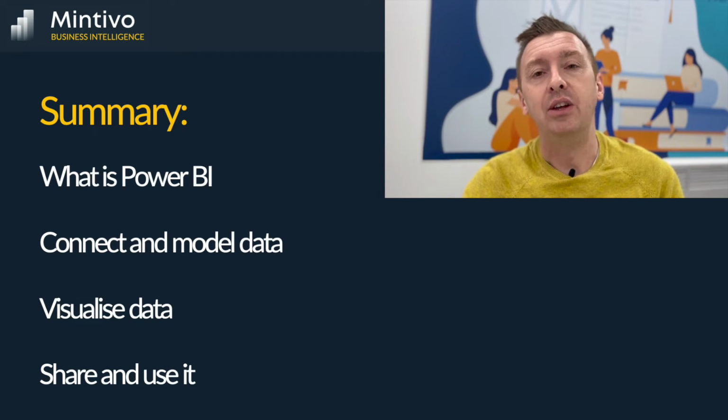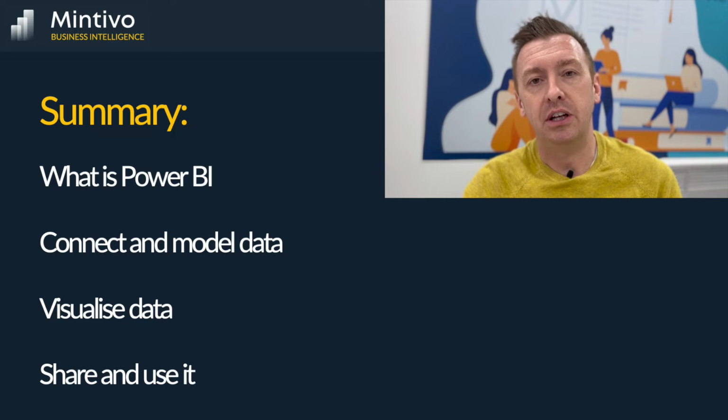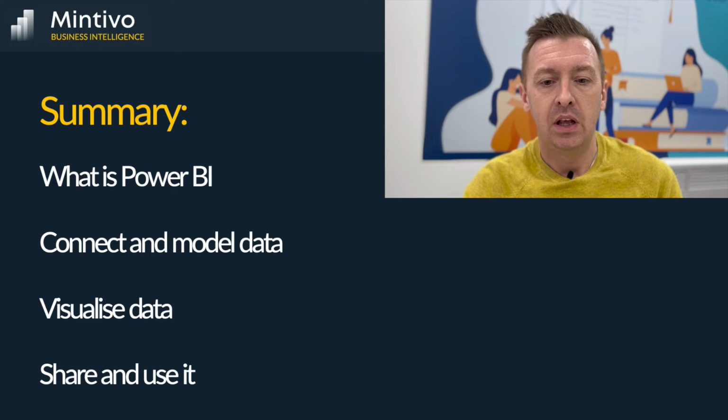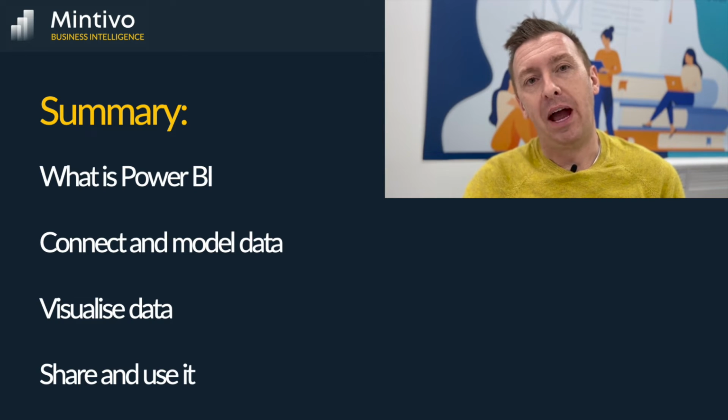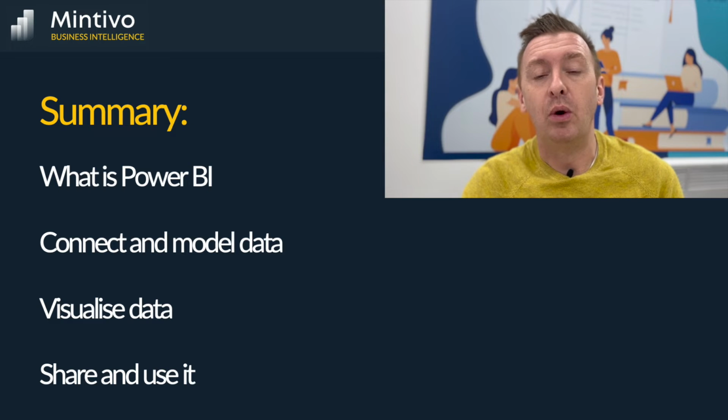Next up, we looked at how you visualize that data, so using a massive range of available visuals to present your data in a meaningful and insightful way. And then finally, we looked at the Power BI service, an ecosystem where you get to share and use the data and the reporting that you've created in a way that lets your business collaborate and get the most from the data that you've got.